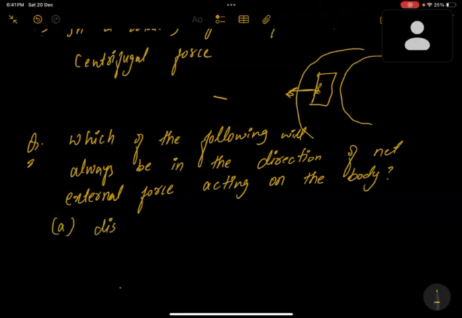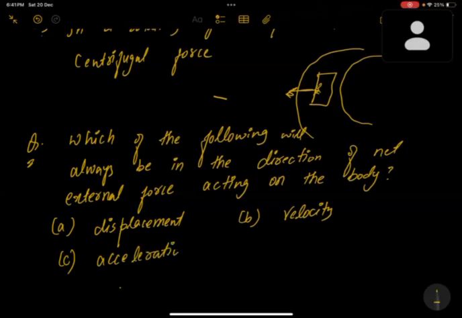First is displacement. Second option is velocity. Third option is acceleration. Fourth is change in momentum. Tell me, which is the right answer?